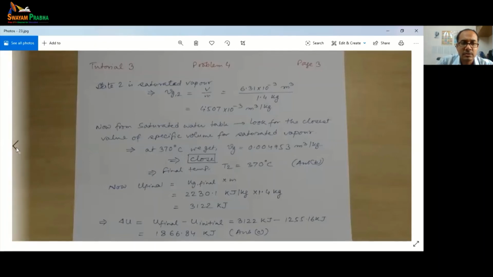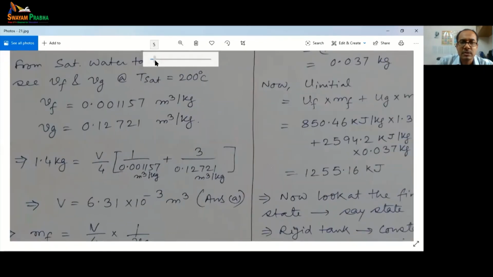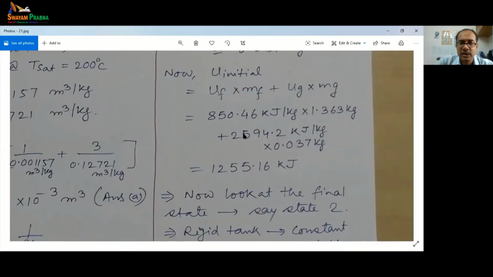Okay, so here you go. Let's zoom in again. Look at this right-hand side near my cursor. Here you see that we have looked up UF and UG, which are 850.46 kilojoule per kg and 2594.2 kilojoule per kg.